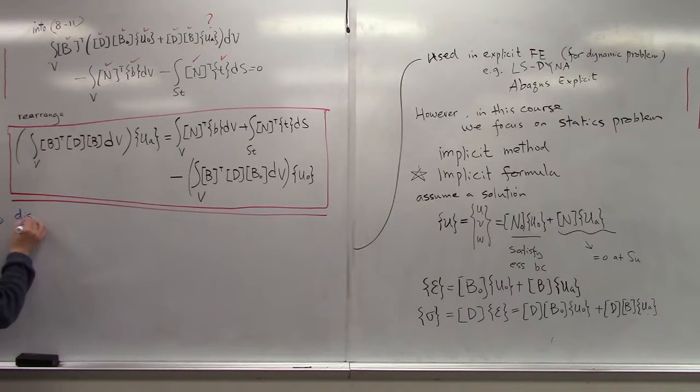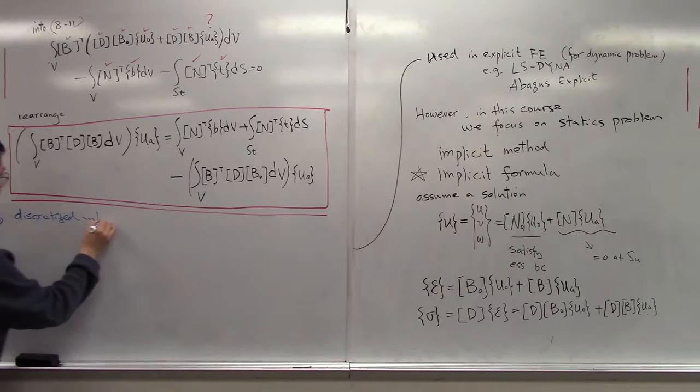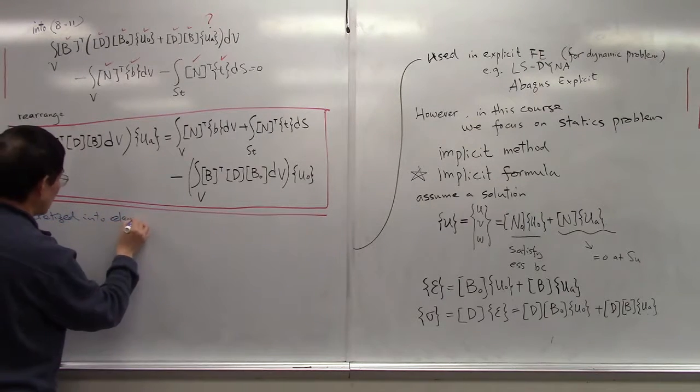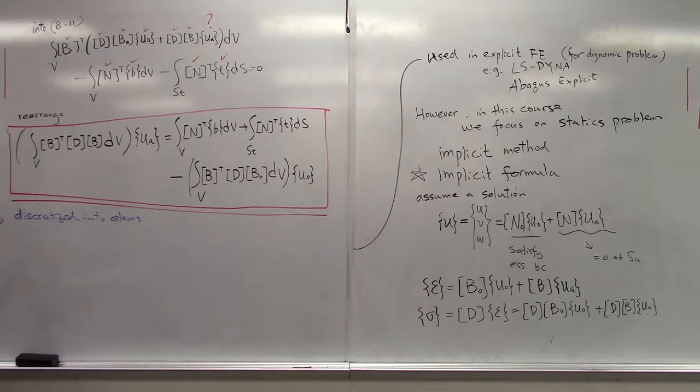once it's discretized into elements, then the equation correspondingly will be written as this. All the integration will be over the element, but then in front you will have a summation sign. So V becomes V element.